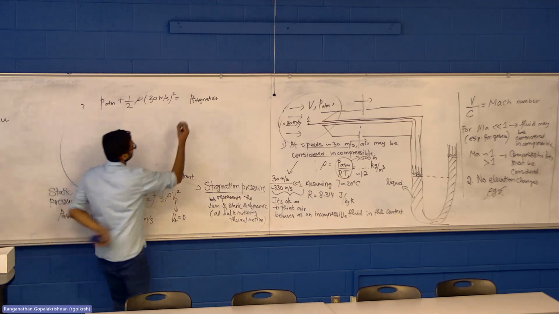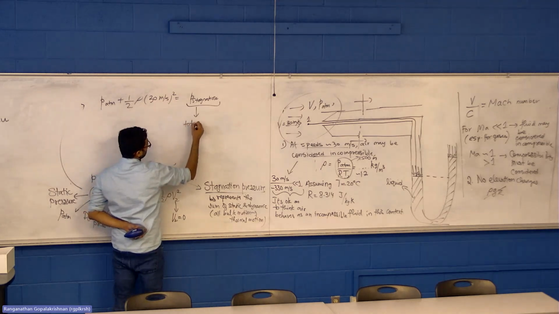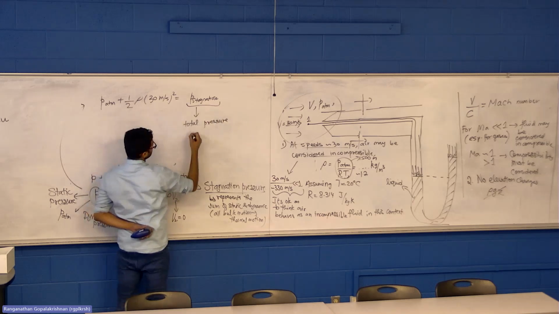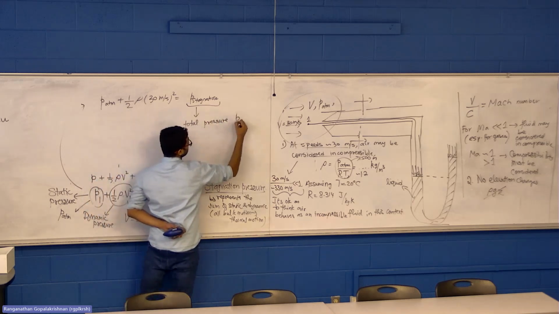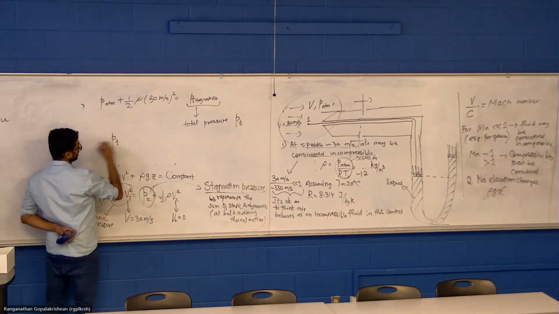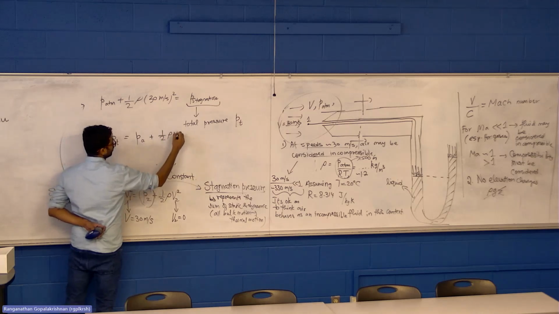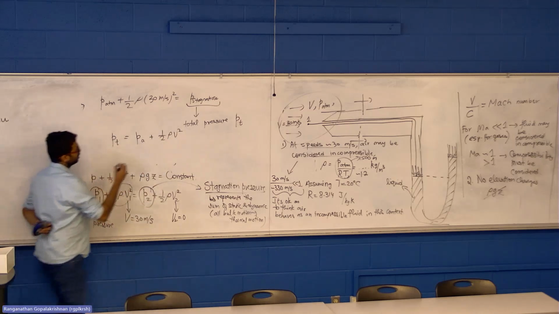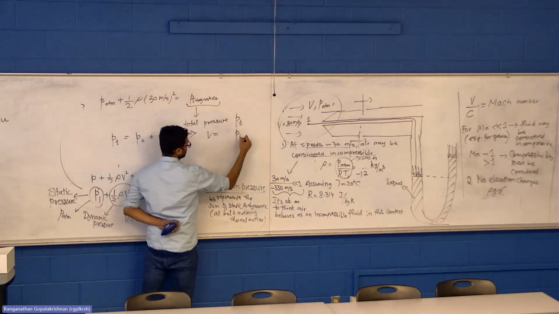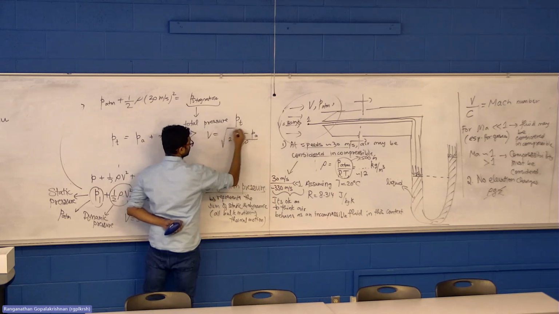Okay. And even though we say stagnation pressure, a more commonly used word is total pressure because it's the total of static and dynamic. And we use the symbol PT. So we'll write PT equals P atmospheric plus half rho V squared, or V equals the square root of 2 times (PT minus PA) divided by rho.